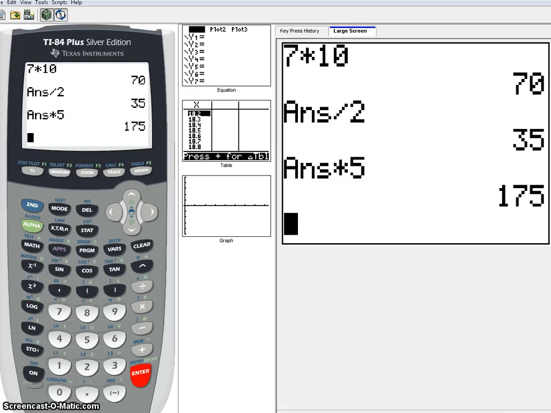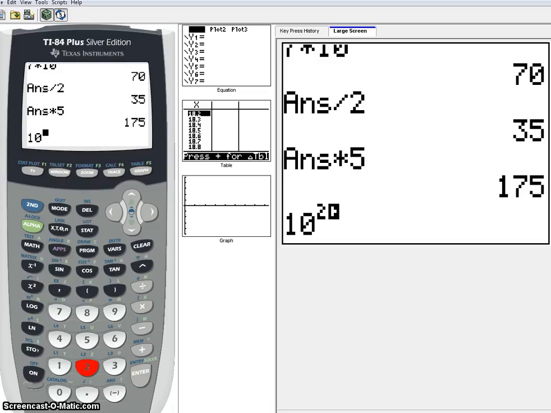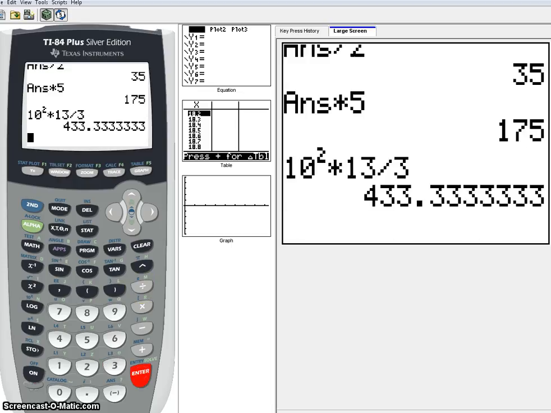So we'll just grab our calculator. Take 10 squared, times 13, and then we're going to divide by 3 afterwards. So you hit enter, and what you're going to come up with is 433, and then it looks like 3 repeating.